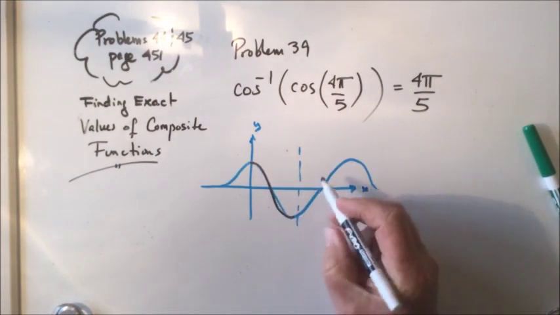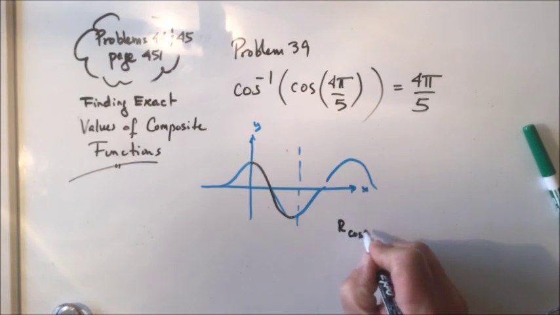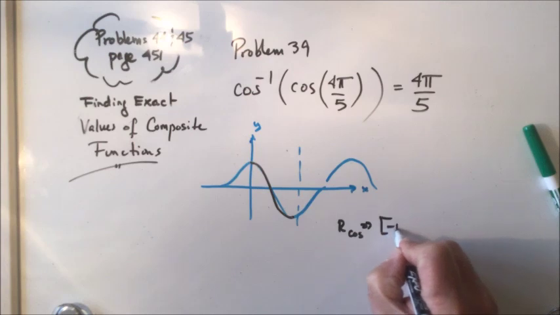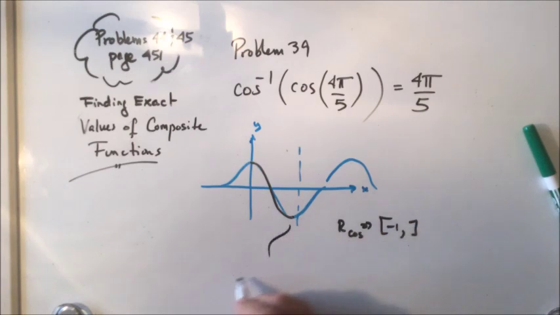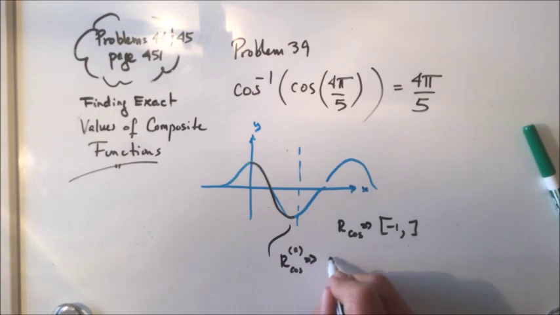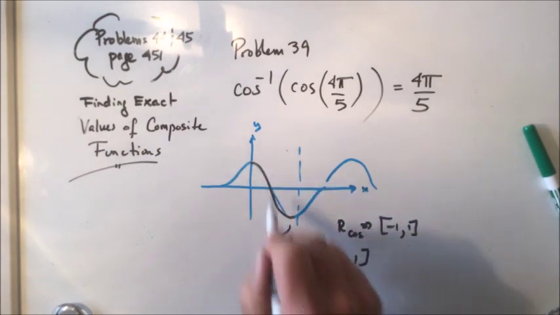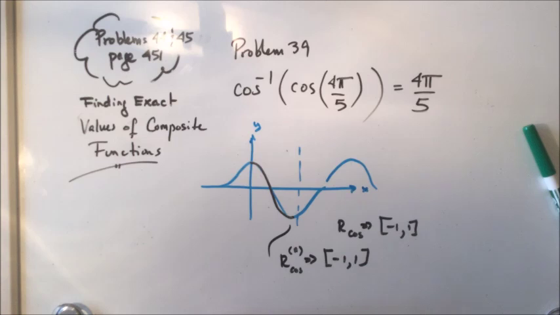So the range of the cosine is minus 1 to 1, and likewise the range of this restricted cosine, and I'll define that better in a moment, is also minus 1 to 1. Yeah, there's the minus 1, there's the 1, and all values in between.